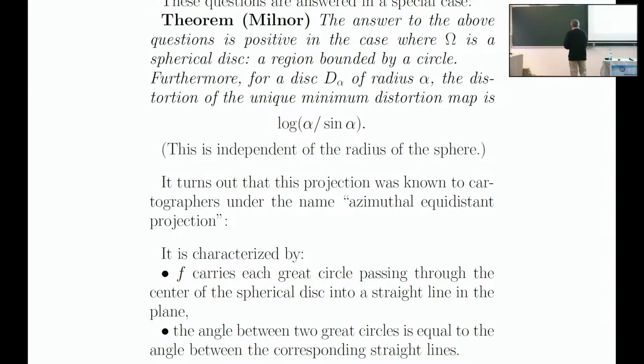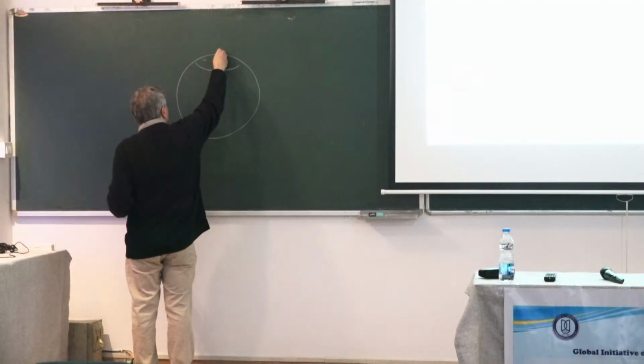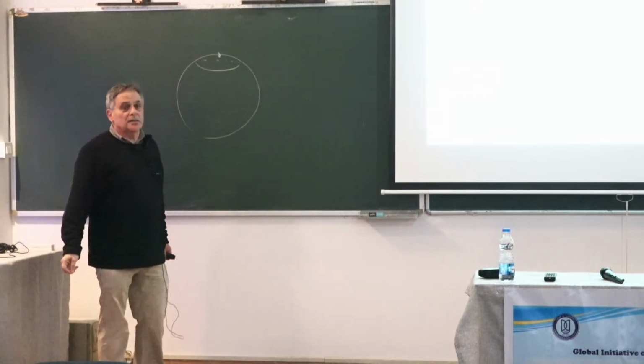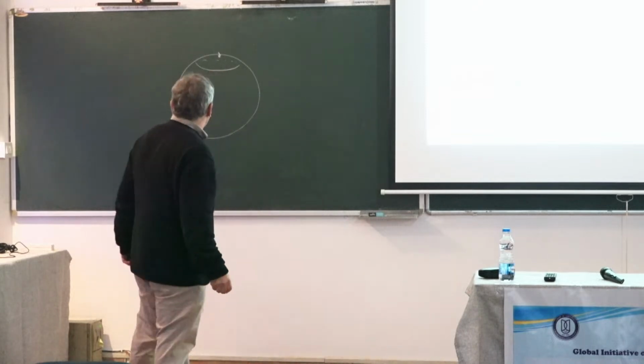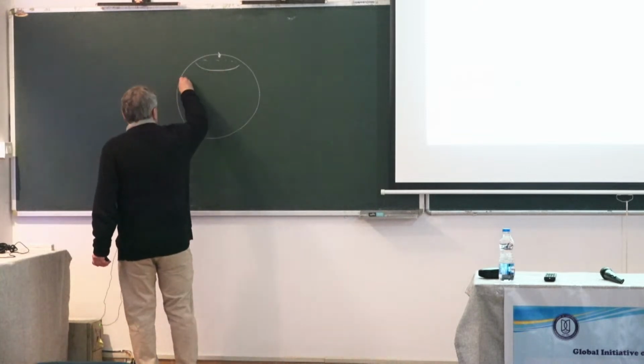So what is a spherical disk? I take a point, and the set of points where the distance to this point is less than a certain constant. This is also a spherical disk.